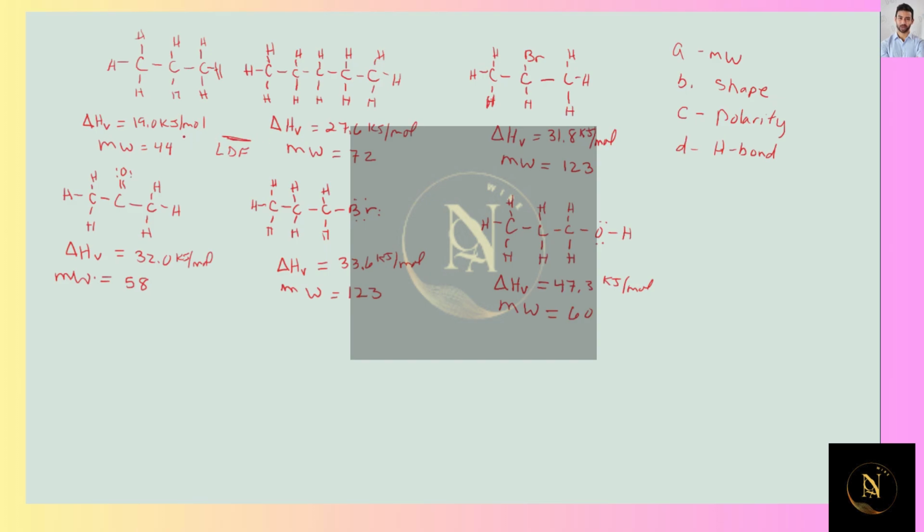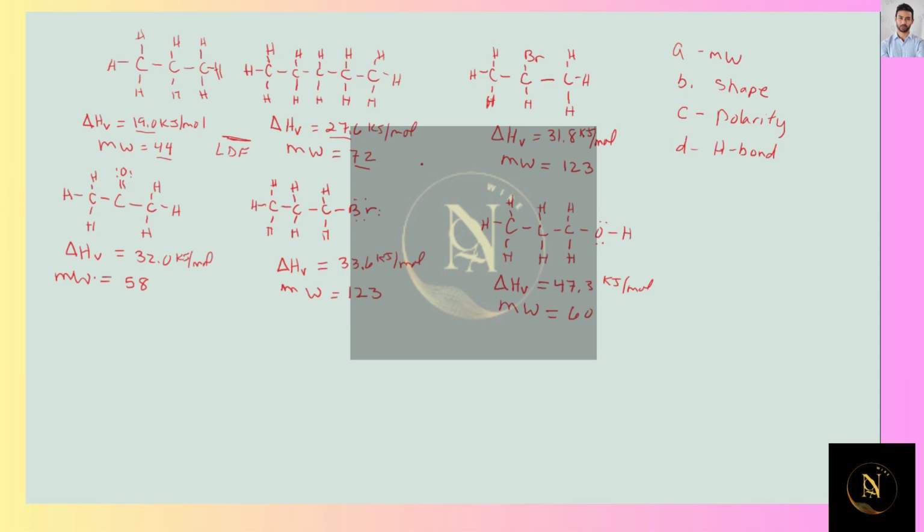As the molar mass increases, going from 44 to 72, our heat of vaporization increases from 19 to 27.6, because again, the larger this molecule, the greater the molecular weight, the more polarizable it is. The more polarizable it is, the stronger the London dispersion forces. The stronger the London dispersion forces, the more energy it takes to separate those molecules from a liquid to a gas, therefore the higher the heat of vaporization.